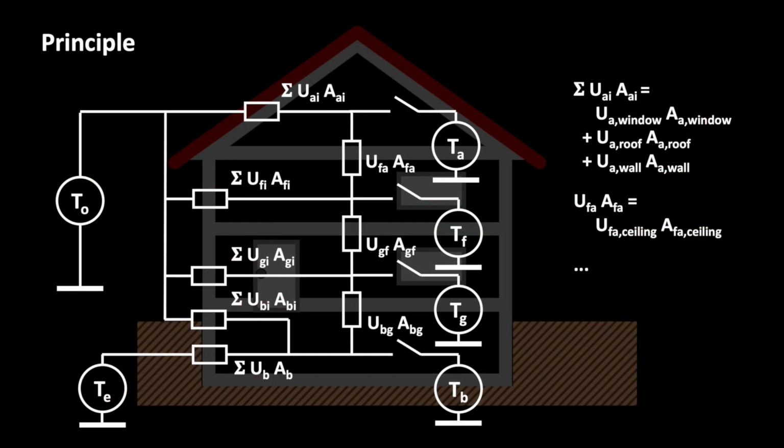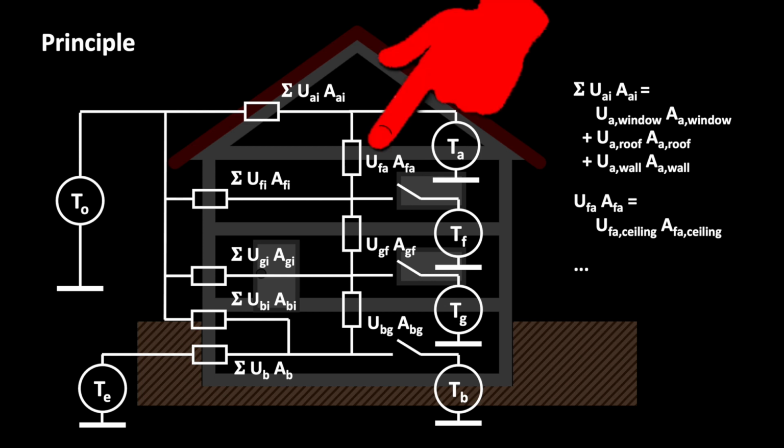Our Excel tool works with thermal energy flows, thermal conductivity values, and thermal resistances. Remember, I explained that principle earlier in detail. If we enter 0 square meters, then logically the thermal conductivity at this point equals 0.